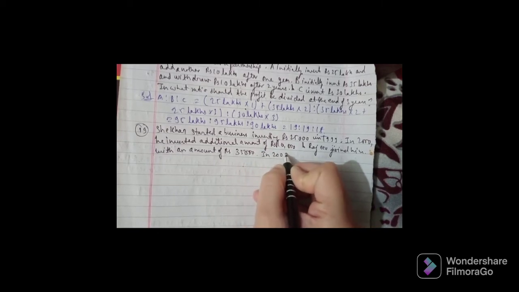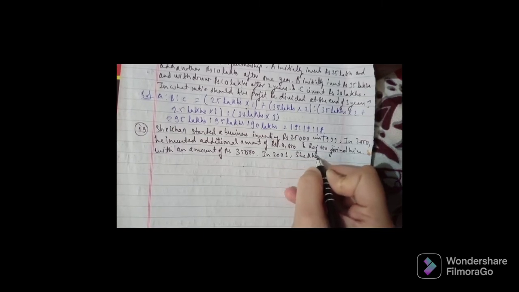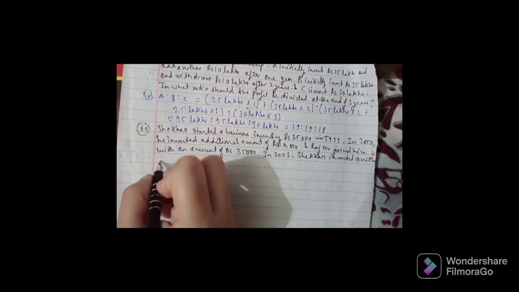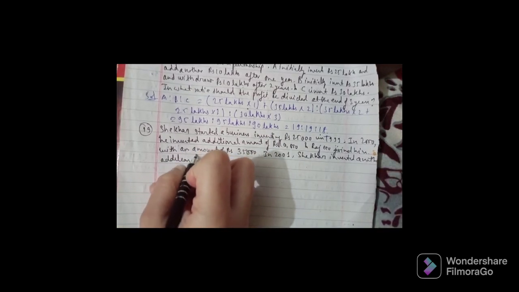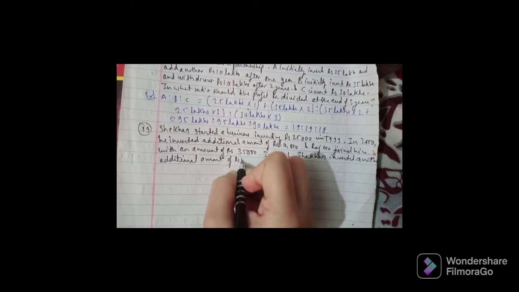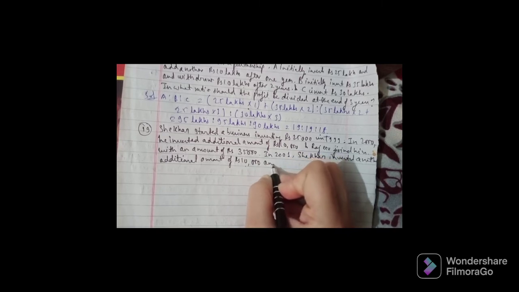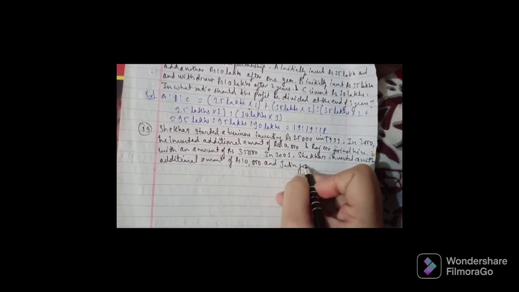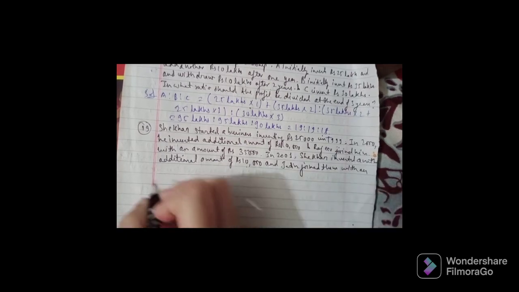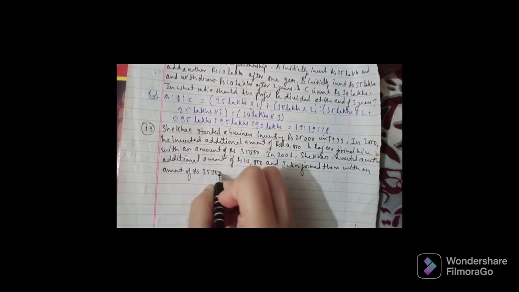In 2001, Shekhar invested another additional amount of rupees 10,000, and Jatin joined them with an amount of rupees 35,000.